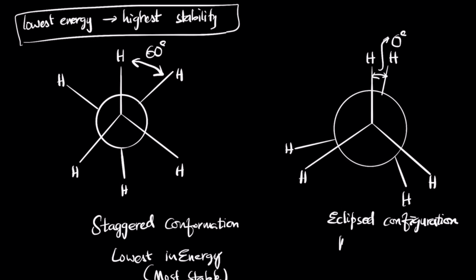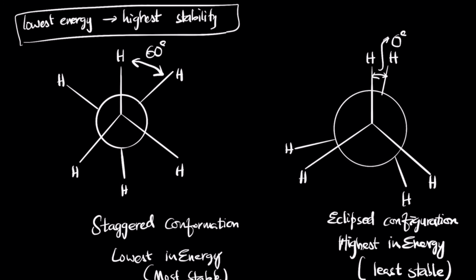It is generally the highest in energy and has the lowest stability. Let's say it has the least stability, the least stable compound. So these are the two conformations that you can get.